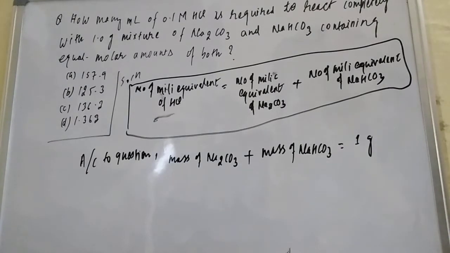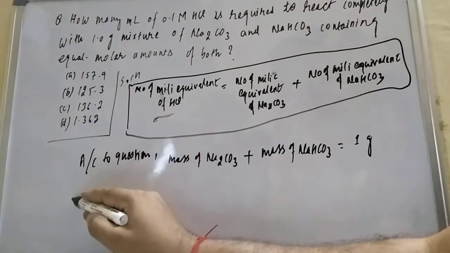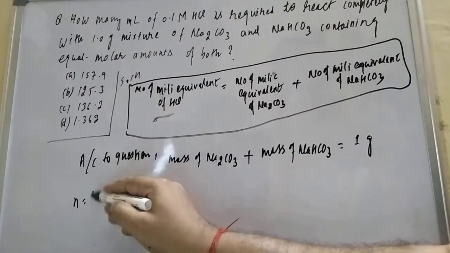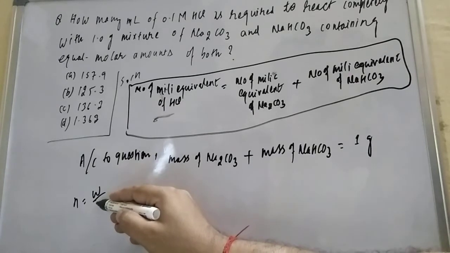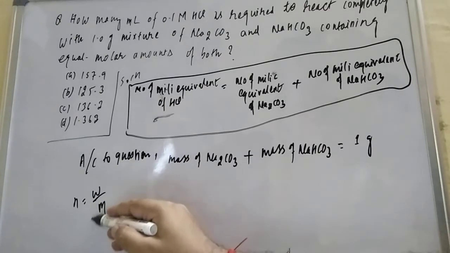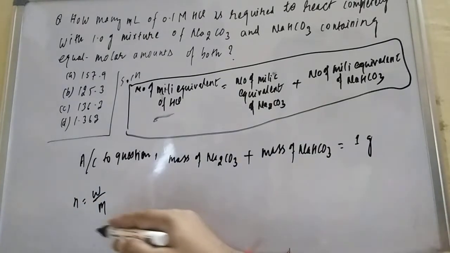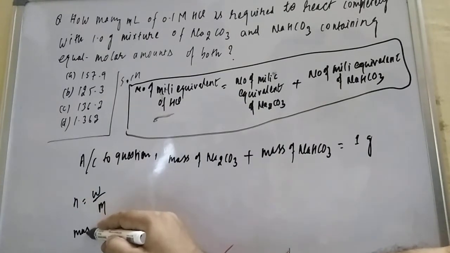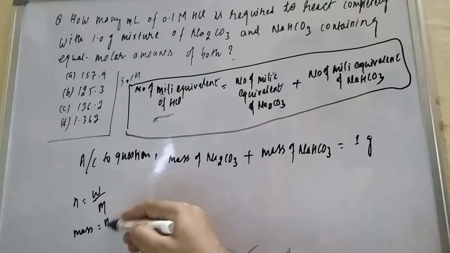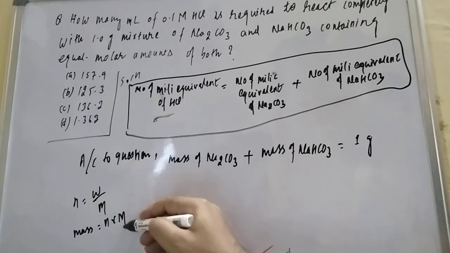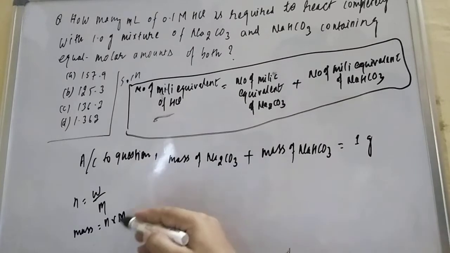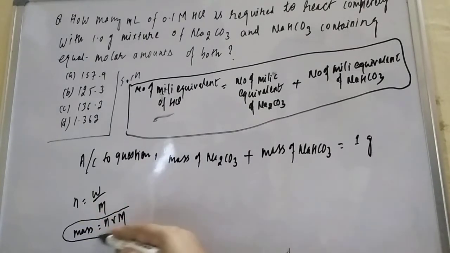Another thing: n is equal to given mass upon molar mass. So mass is equal to n into M, from this equation, where M is the molar mass.